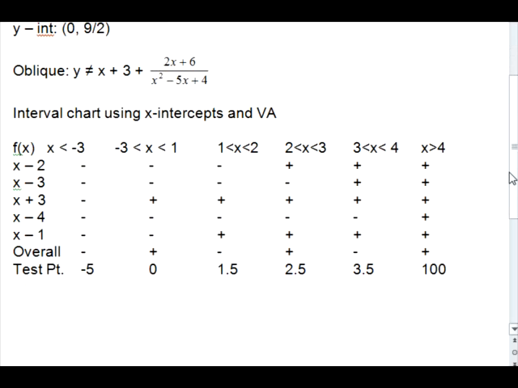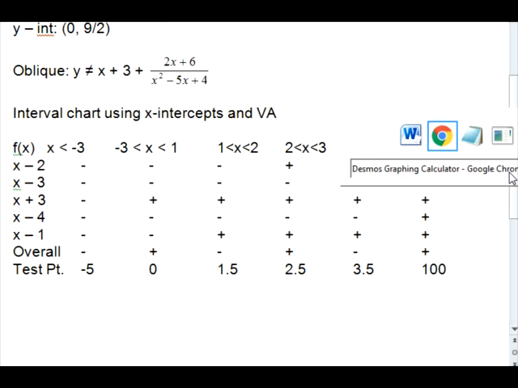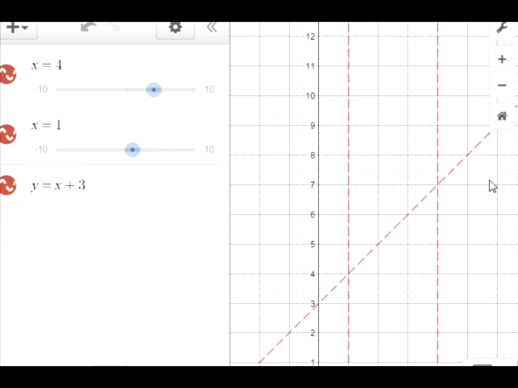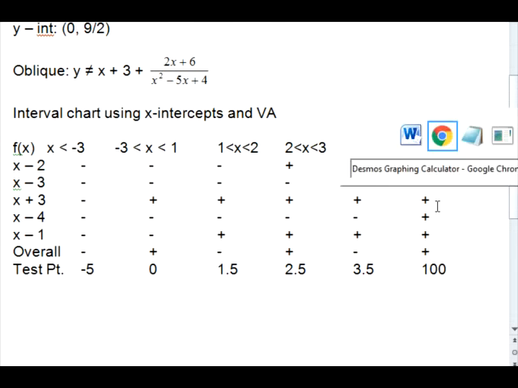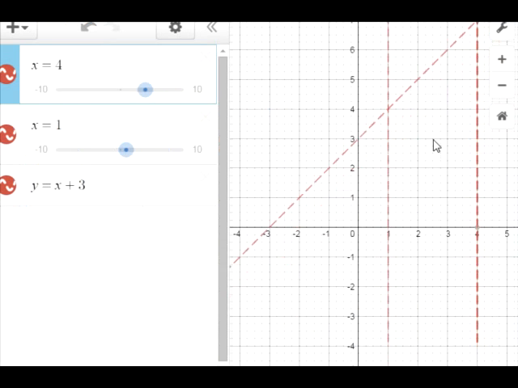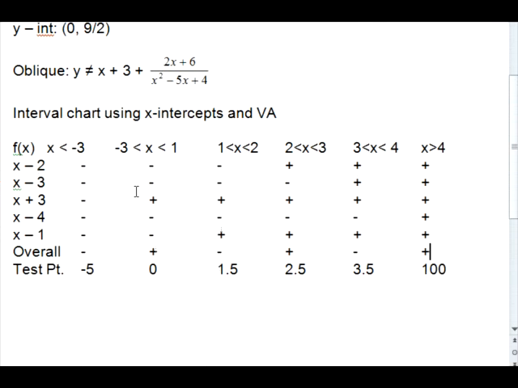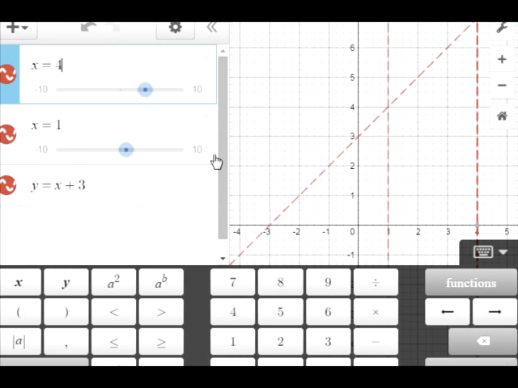Okay, so let's go on to what the graph's actually going to look like. Let's get this drawn as best I can.